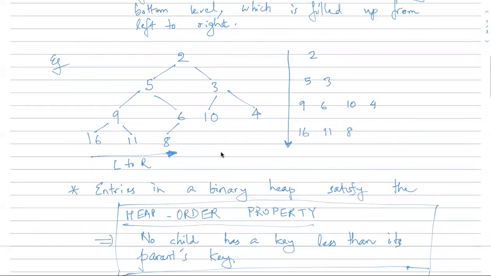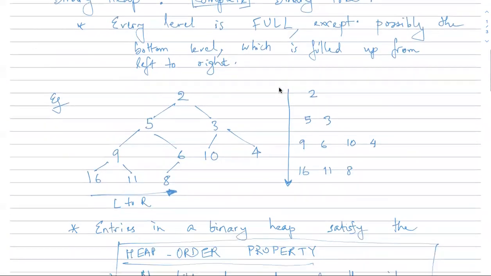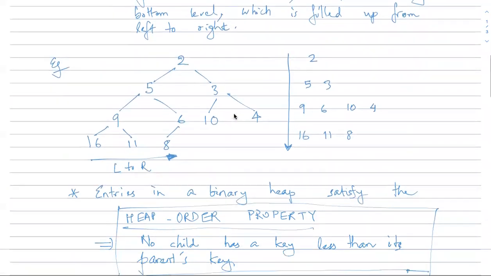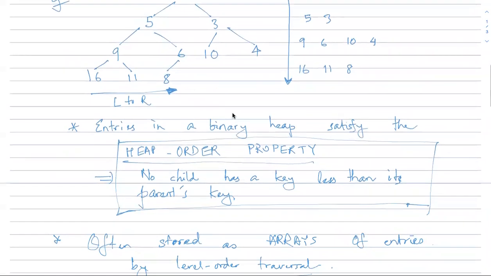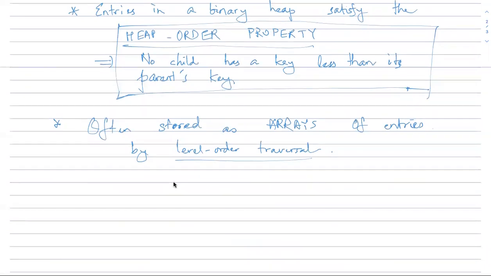And that is possible because of the properties that we discussed, that the binary heap is a complete binary tree. And this allows us to realize the structure, or represent the structure faithfully, in the form of arrays of entries.